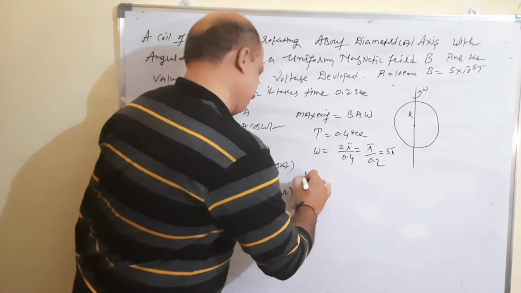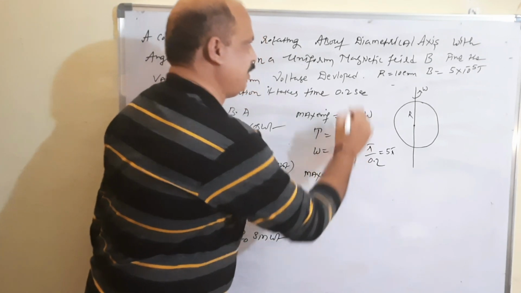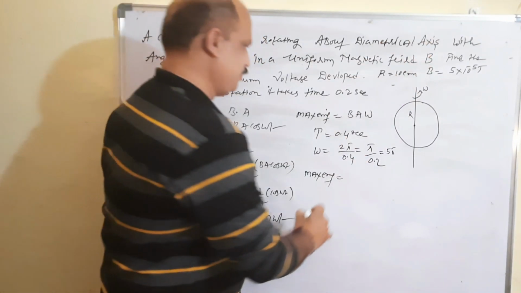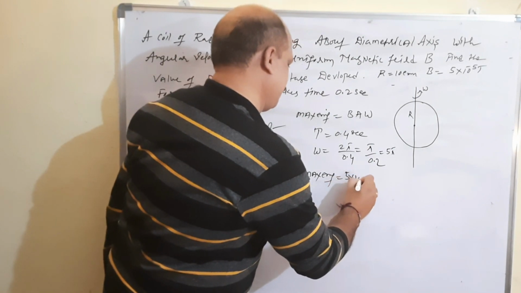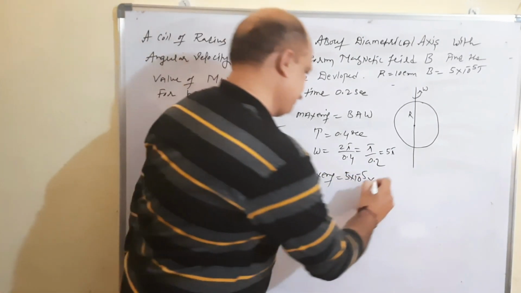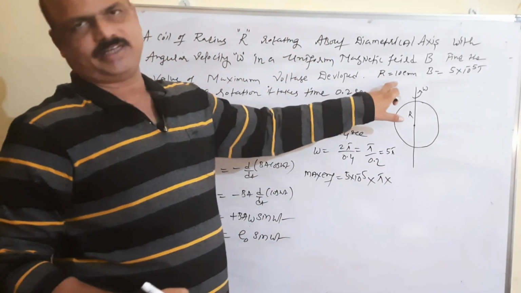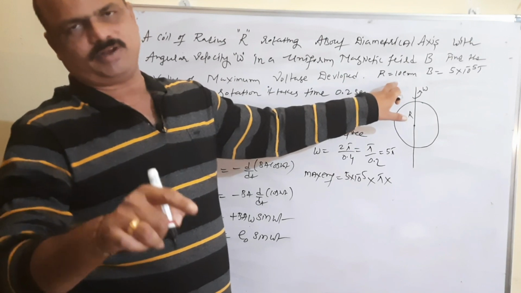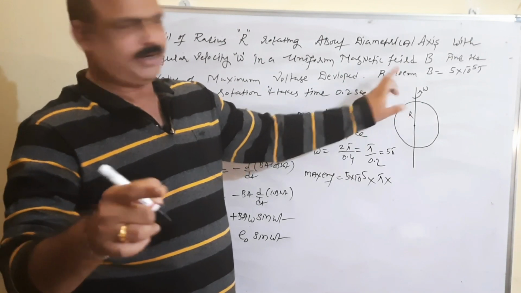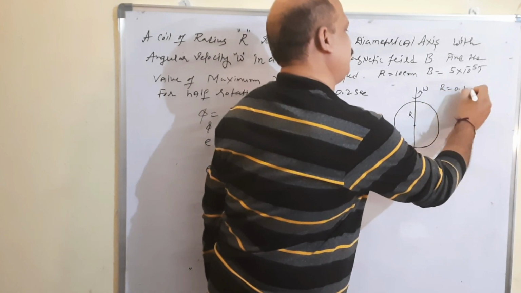Now maximum EMF is equal to B, which is 5 into 10 to the power minus 5, times A, which is pi r square. Here r is given as 10 centimeters. You should convert 10 centimeters into meters, so r is equal to 0.1 meter.